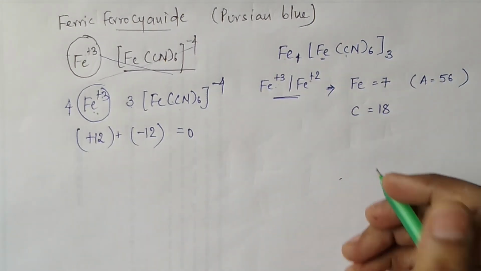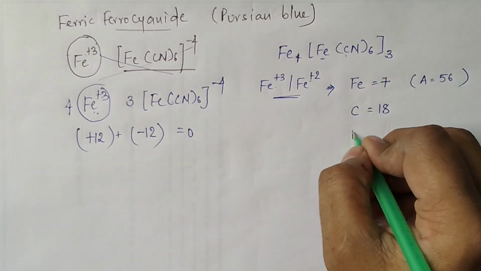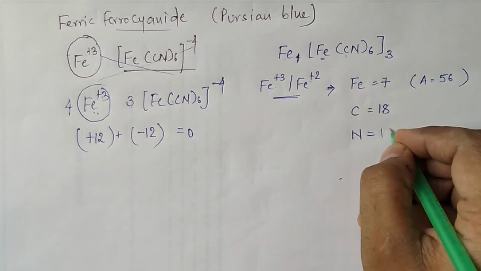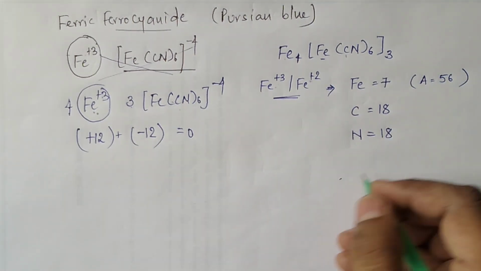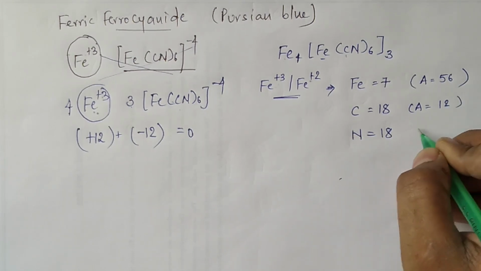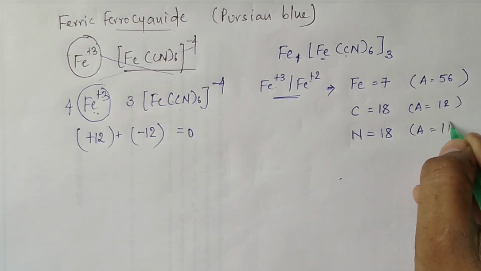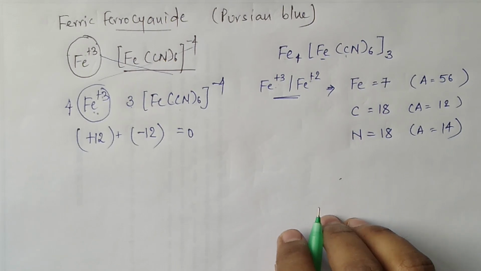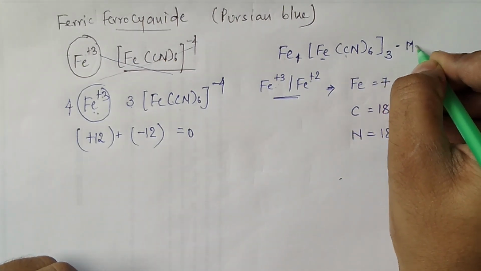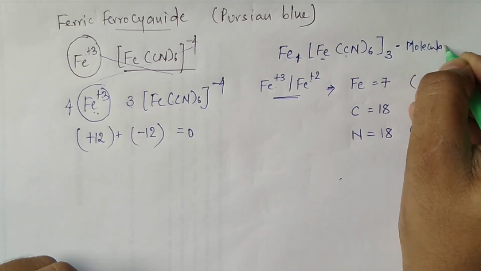Then I am having nitrogen, the same number as carbon, 6 3s are 18. Alright, so here carbon has atomic mass 12 and nitrogen has atomic mass 14. Okay, so this is our molecular formula.